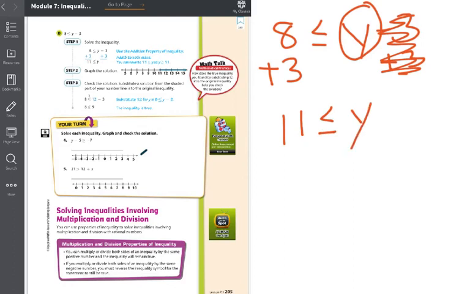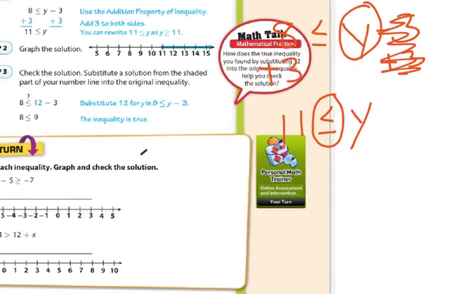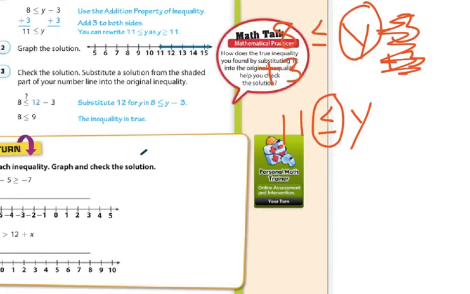This problem is different now, isn't it? That means that I have the equal to sign in it. So if I zoom in over here, you're going to see that the circle at the 11 is shaded in this time. Notice how it's a closed circle and it looks like this. The last one was open.